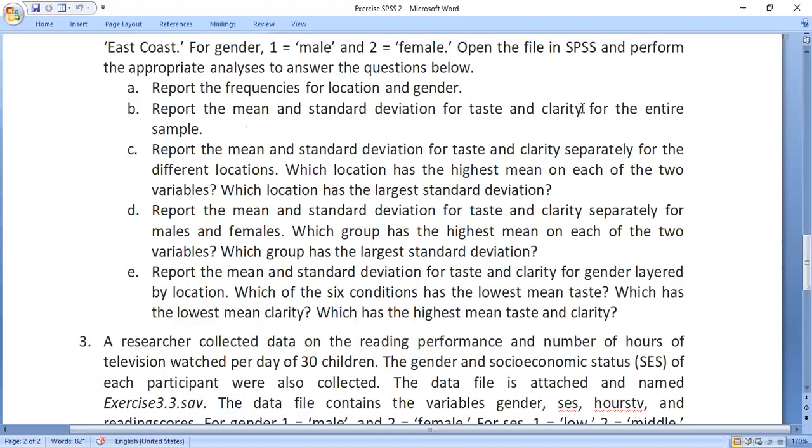C part: we have to find the mean and standard deviation for taste and clarity separately for each of the 3 locations. D part: we have to report the mean and standard deviation for taste and clarity separately for males and females, and then report them for gender layered by location. So these are the 4 questions.